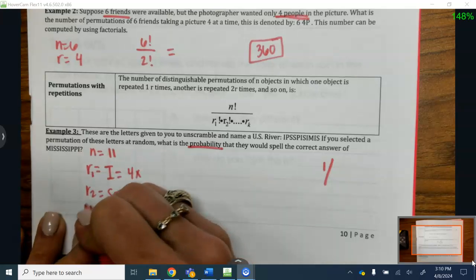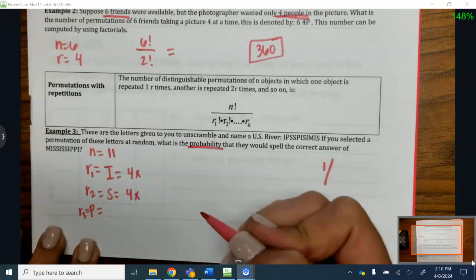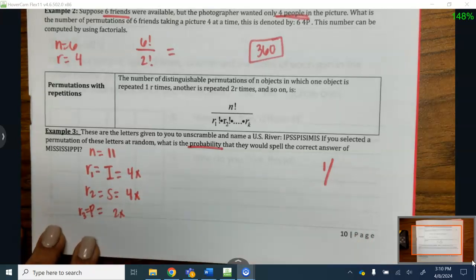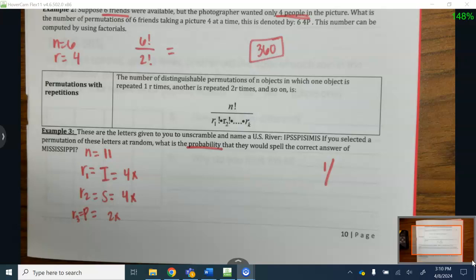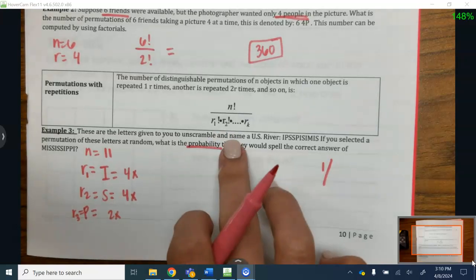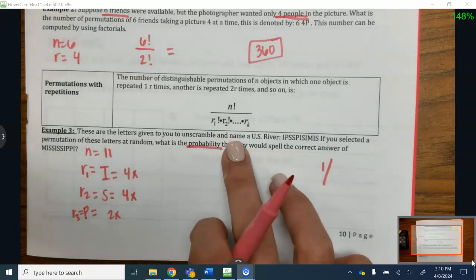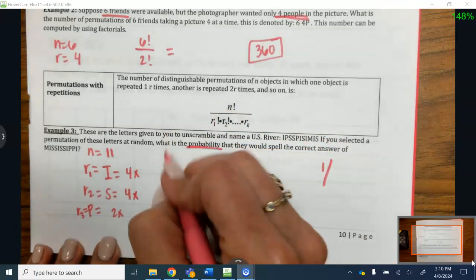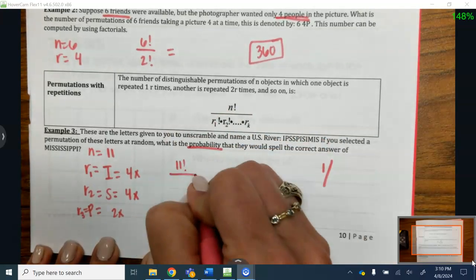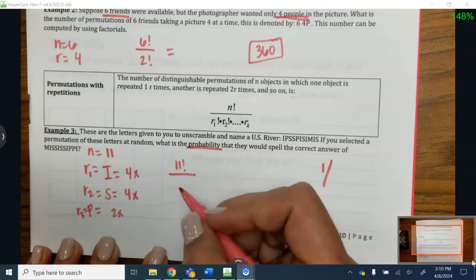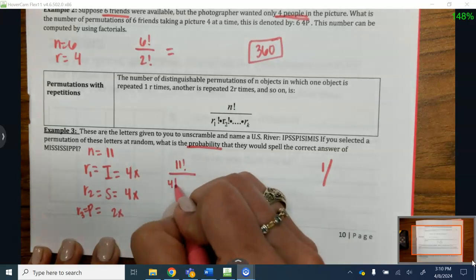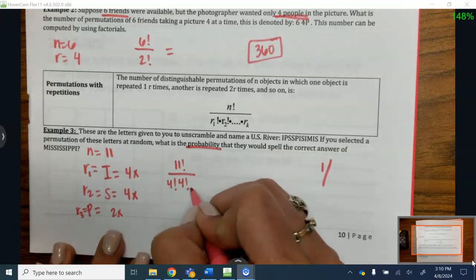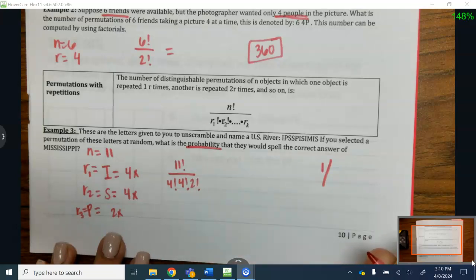And the letter P, which would be R3, repeats 2 times. So we have 3 letters that repeat. These are going to be our R values. When I set this up, I have n factorial, which is 11 factorial, over the repetitions: 4 factorial, 4 factorial, 2 factorial.